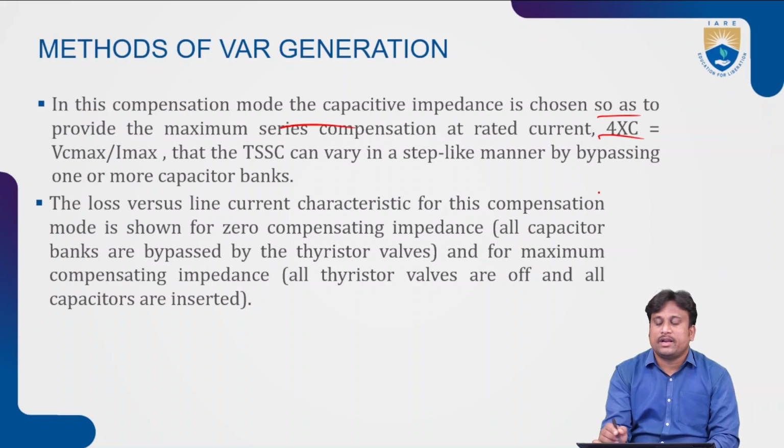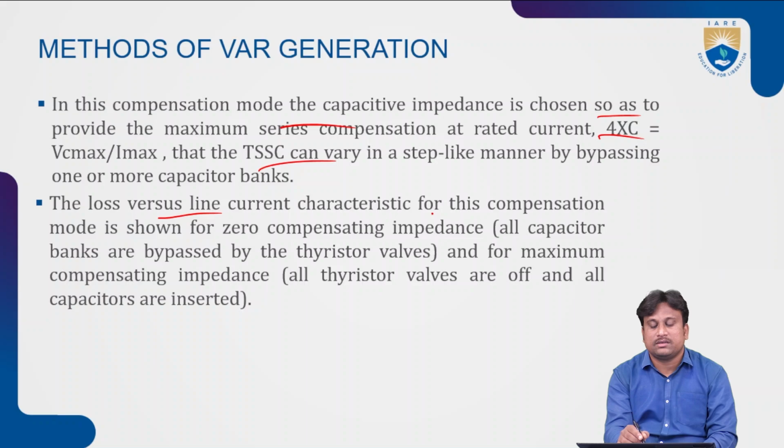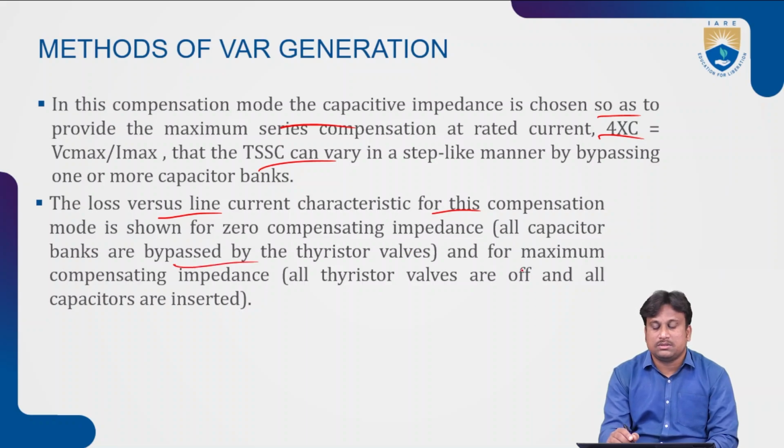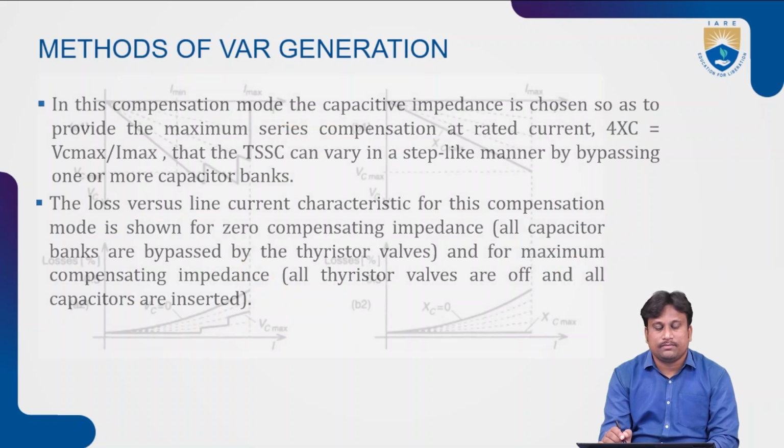That means at a rated current, 4XC equals VC max by I max, the TSSC can vary in a step-like manner by bypassing one more capacitor bank. The loss versus line current characteristic for this compensation mode is also with 0 compensating impedance, so all the capacitor banks are bypassed by the thyristor valves themselves. That means for maximum compensating impedance, all thyristor valves are off and all capacitors are inserted, so that the voltage can be compensated sequentially.